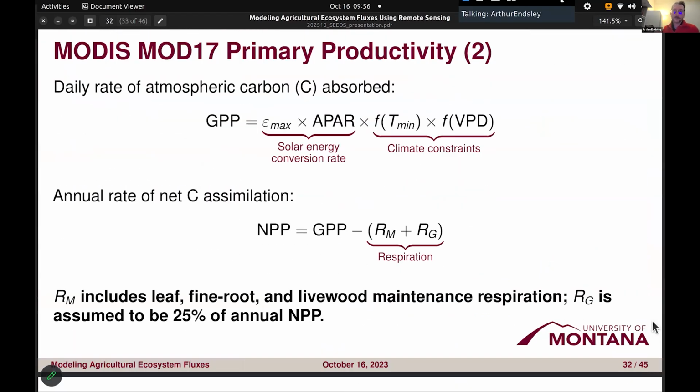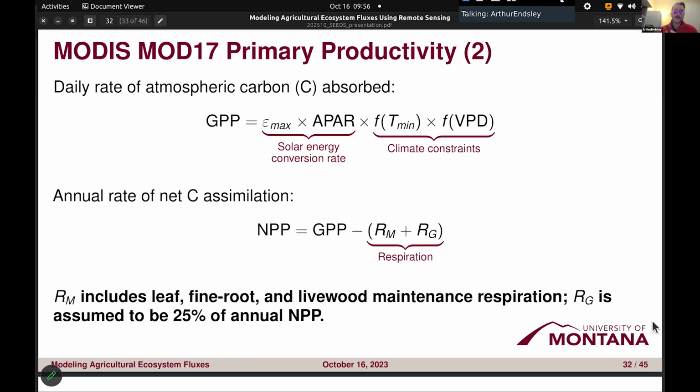So how does Mod 17 work? Well, this is that Jarvis-Stewart framework again. For this operational model where we want low latency, near real-time estimates of GPP and NPP, we don't know the exact functional form of the constraints on GPP, but we can create a function that helpfully describes the limitation of GPP due to minimum temperature or vapor pressure deficit.